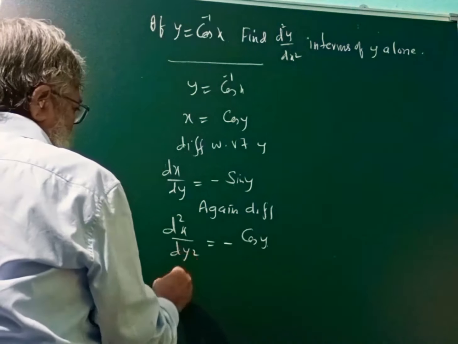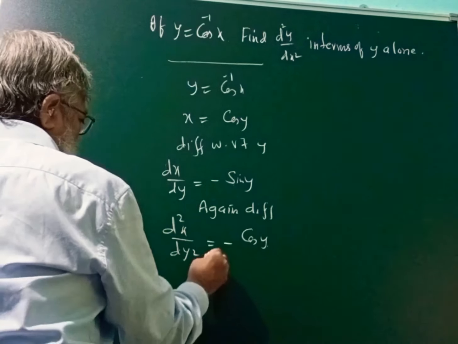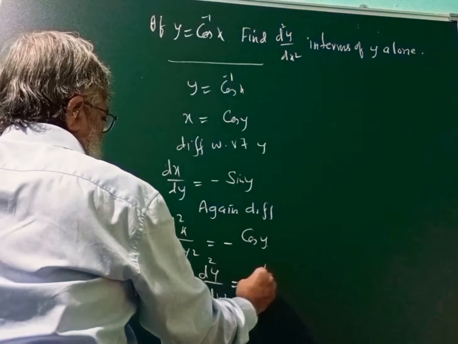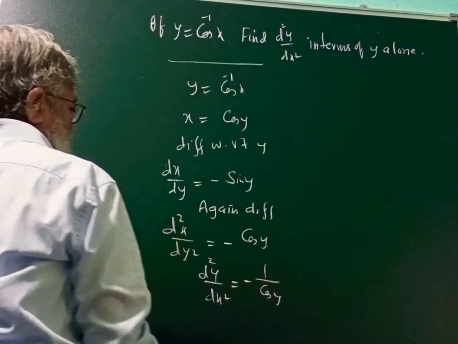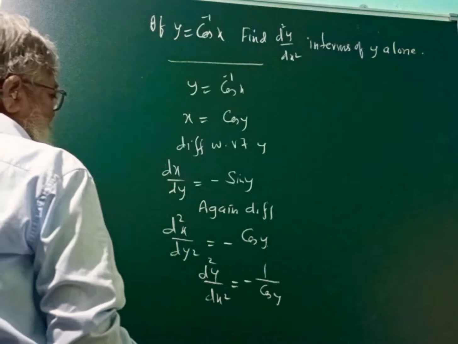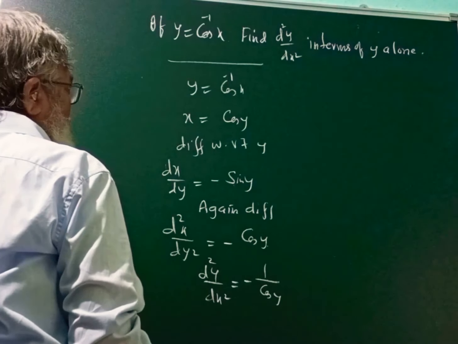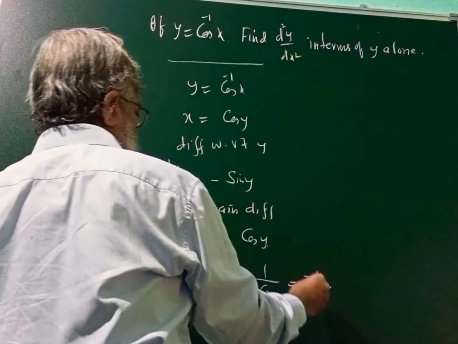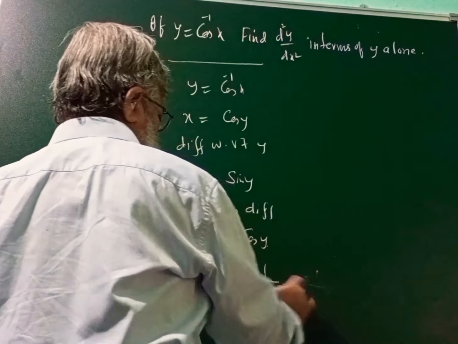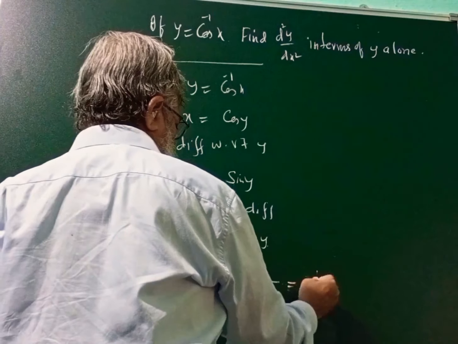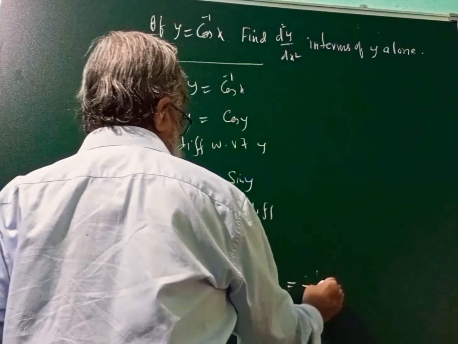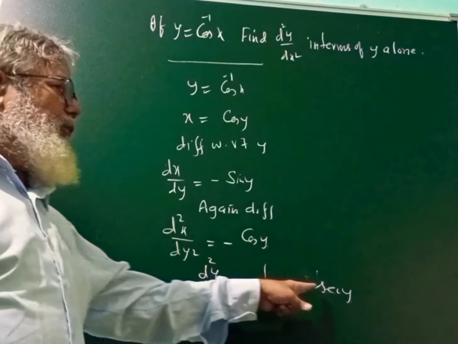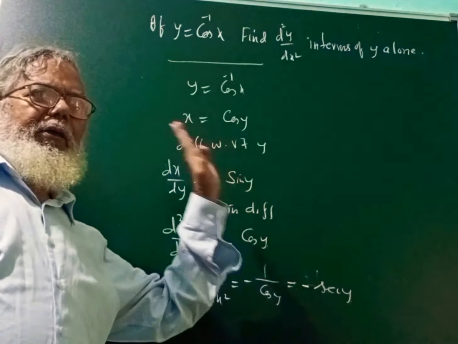So therefore, d square y by dx square is equal to minus 1 by cos y. It is already expressed in terms of y only. Therefore, minus 1 by cos y can be written as minus sec y. d square y by dx square is expressed in terms of y alone.